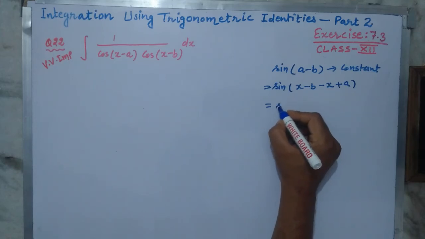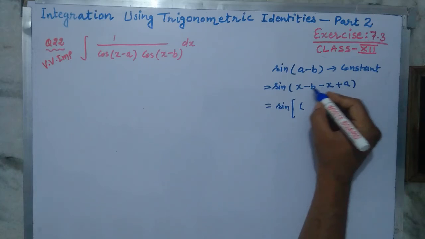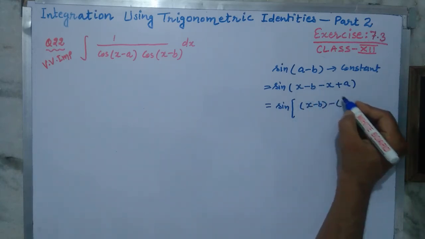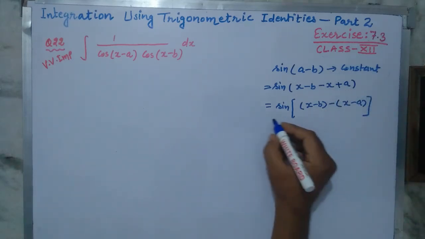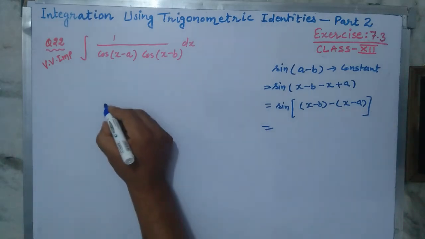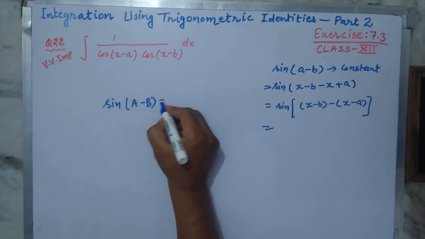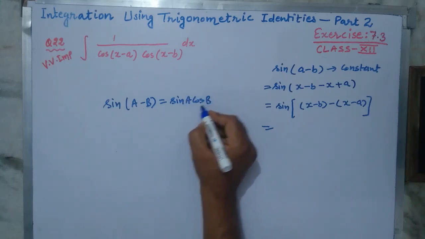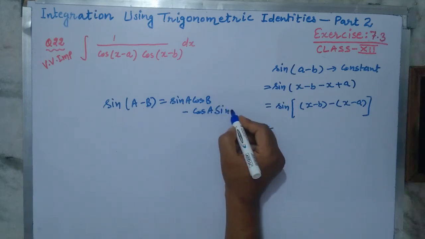So this way we can write it equal to sine of ((x minus b) minus (x minus a)). So this is equal to sine (a minus b). We know what sine (a minus b) is. This is equal to sine a cos b minus cos a sine b.